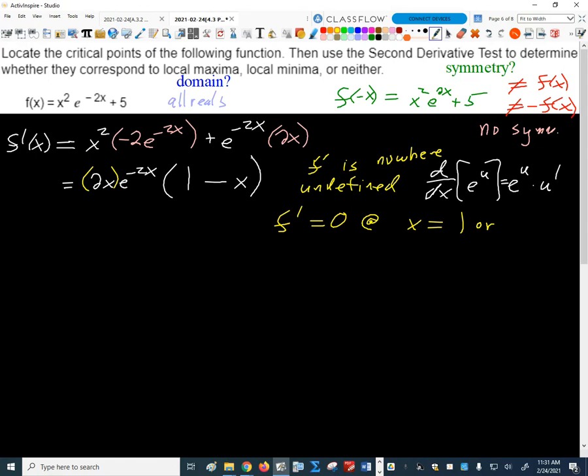If I set my derivative equal to 0, I divide it into a bunch of factors. By the zero product property, the product of that factor times that factor times that factor would equal 0 when one of them equals 0. That one gives x equals 1, which is when that factor equals 0.